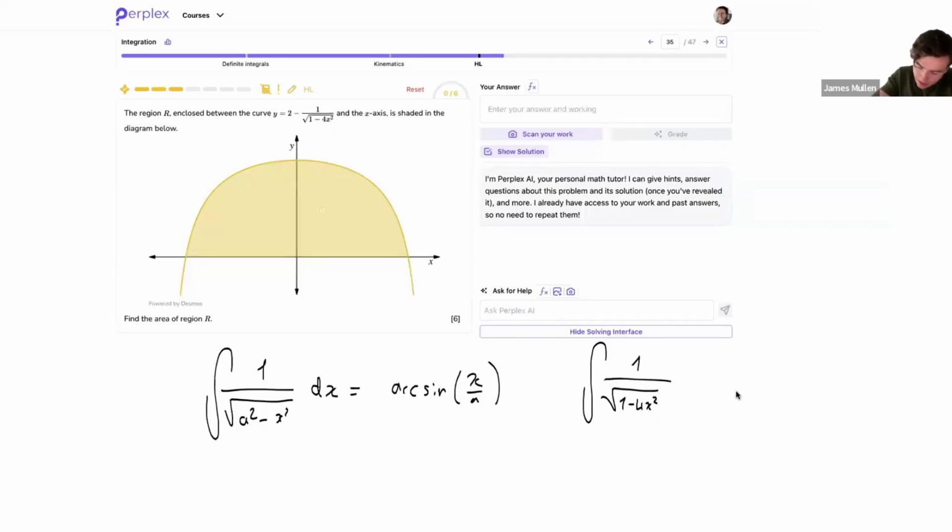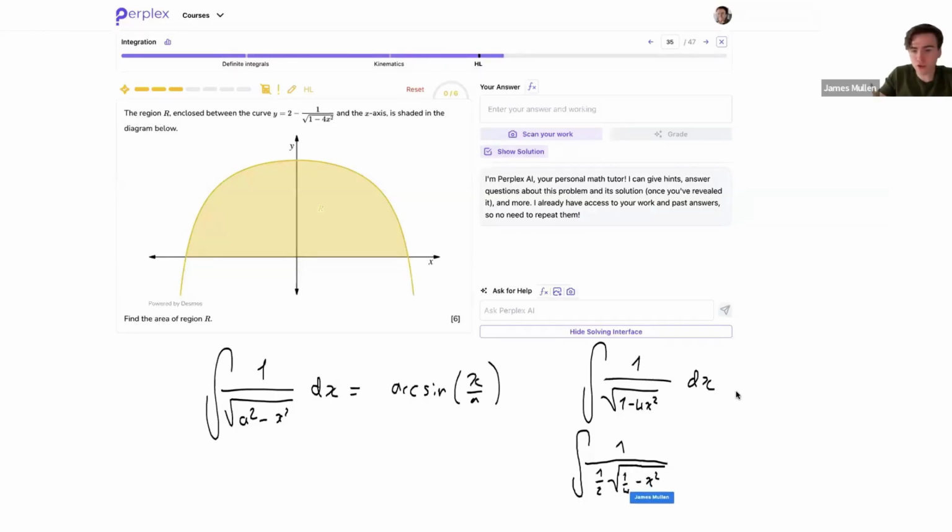I can write that as the integral, and I'm going to factor out 2 from the square root. Now, if that looks a little bit weird, I factored out, and I don't know why I said 4. It's supposed to be 1 over 4. Sorry, excuse me.